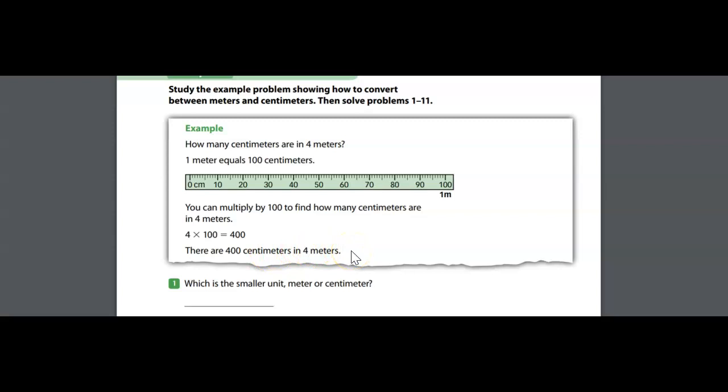So question 1 asks us, which is the smaller unit, meter or centimeter? Press pause and write your answer in the space in your packet or on a scrap piece of paper. All right, so you should have answered centimeter is the smaller unit. Now if we look at our anchor chart to the right, we know that meter is going to be our base unit. So our base unit is right here in the middle of our staircase.